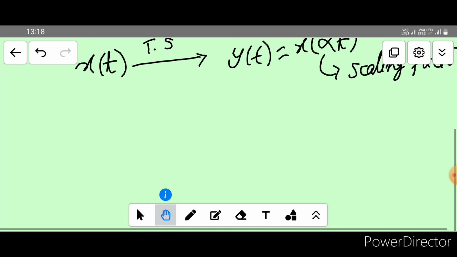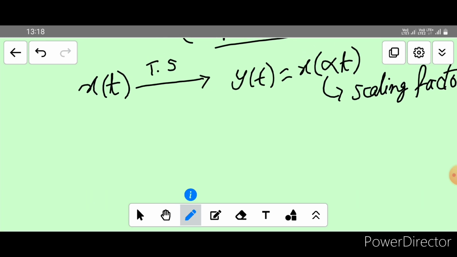Now the scaling factor alpha can be greater than 1 or the scaling factor alpha can be less than 1.